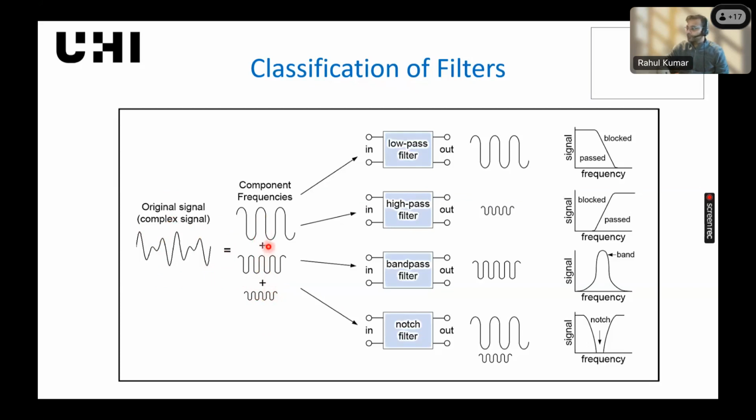Now the amplitude is getting smaller with frequency. For higher frequency, you have higher amplitude. For medium frequency, you have slightly smaller amplitude. And for low frequency, you have the smallest amplitude.